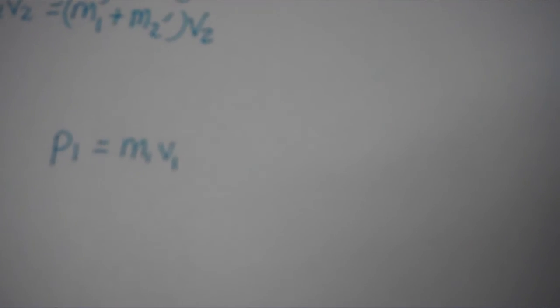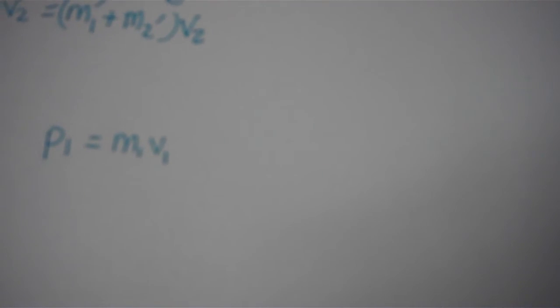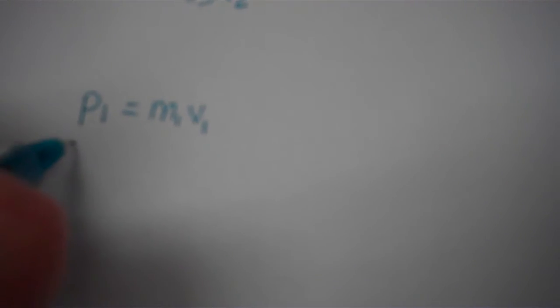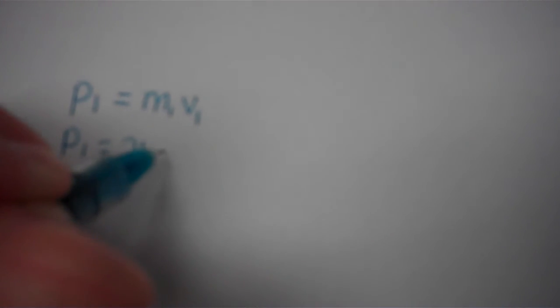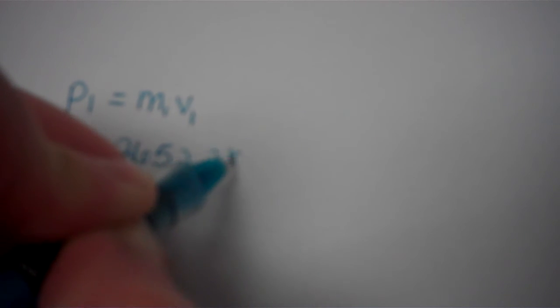So real quickly, let's hammer out our momentum before. So the momentum of the first object is P1 equals M1 times V1. So we get mass is 178 times the first velocity, 14.9. We get the momentum of the first object being 2652.2 kilogram meters per second.